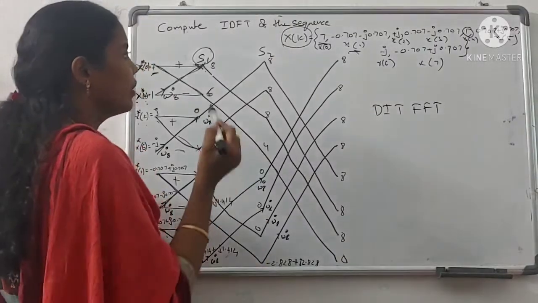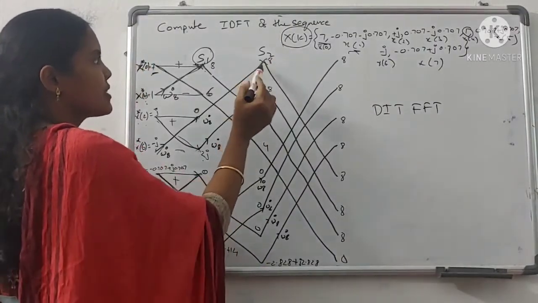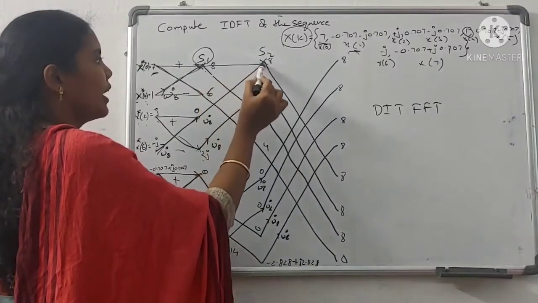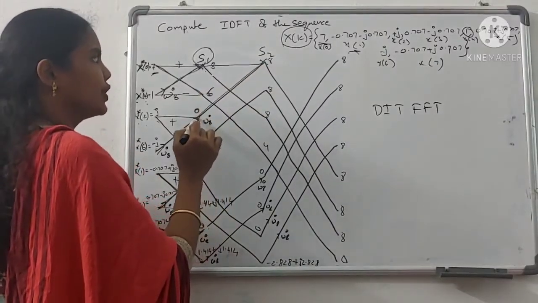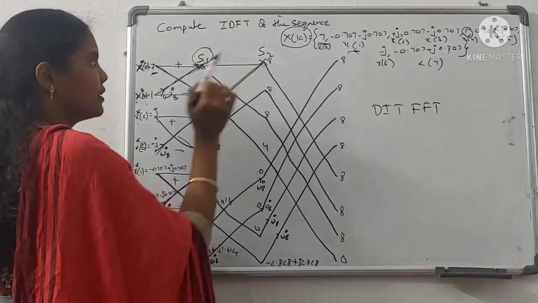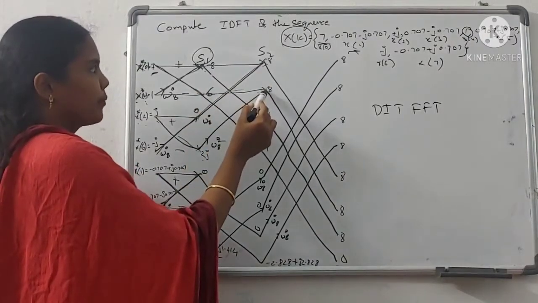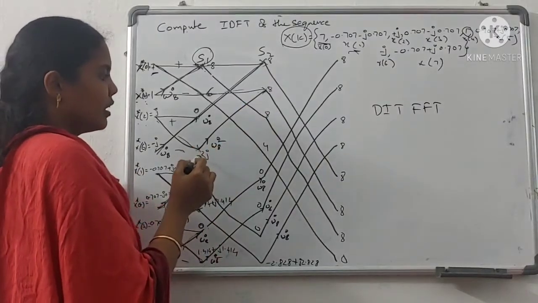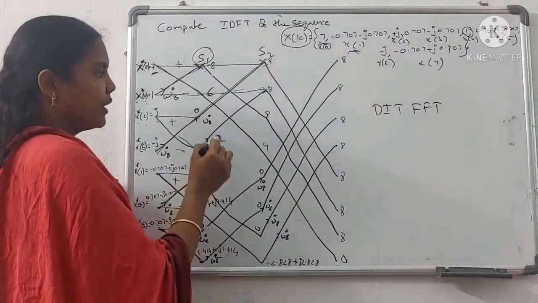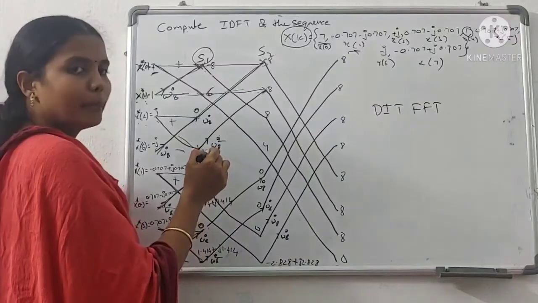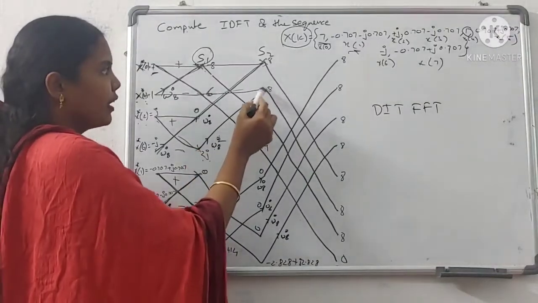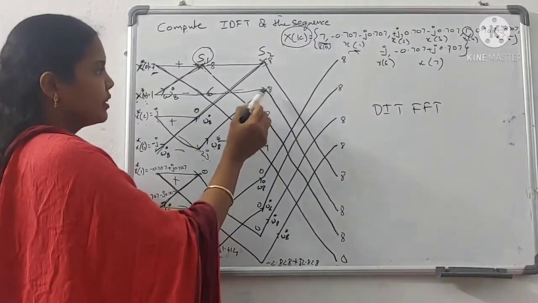Okay. So now at stage 2. At stage 2, one input is 8, other input is 0. 8 plus 0 is 8. Okay. Next one is one input is 6 plus 2j into W_8^2. W_8^2 value is what? Minus j. Here you are getting value as 8. Okay.